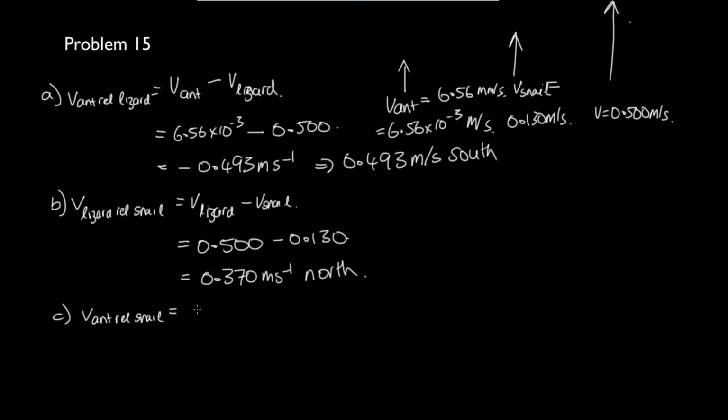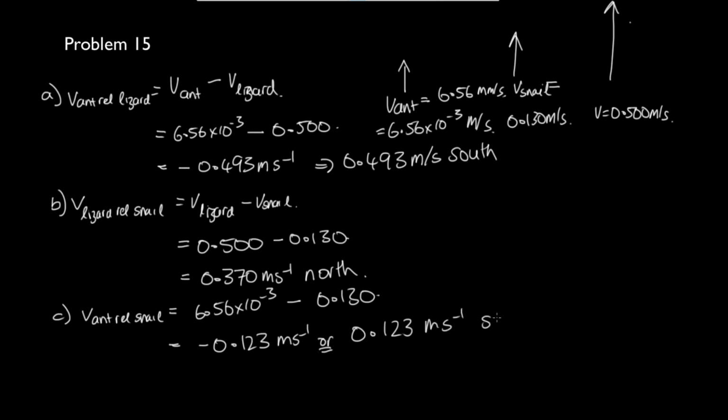So we'd expect this one to be in the south direction again. So we've got the velocity of the ant is 6.56 times 10 to the minus 3 minus 0.130. And solving that, we get minus 0.123 meters per second, which we can say is 0.123 meters per second south.